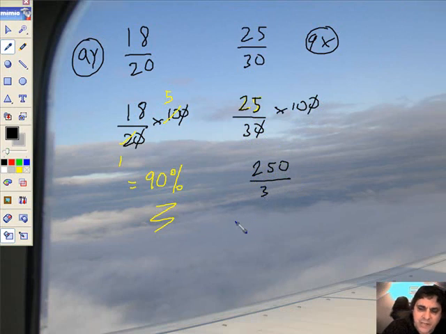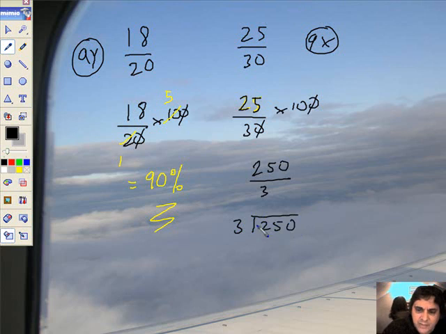Divide that by 3. I'm going to do a short division sum because I like to finish it off properly. 3 into 2 does not go. 3 into 25 goes 8 times, 1 left over. 3 into 10 goes 3 times with 1 left over. And I can see it's going to go in there 3 times again. So it's going to be 83.3 recurring percent.